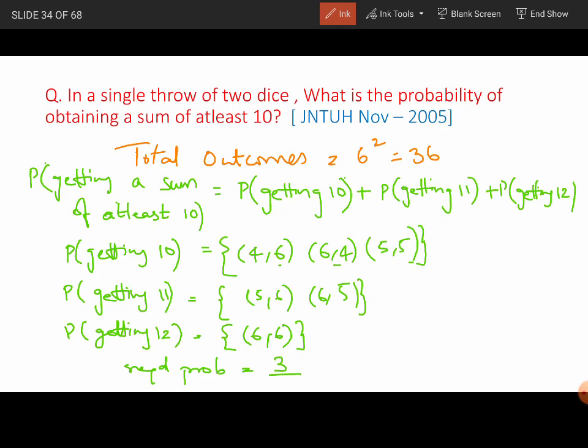So the required probability is equal to 3 by 36 plus the probability of getting 11, 2 favorable outcomes, so 2 by 36, plus the probability of getting 12, so 1 by 36. Altogether that is 6 by 36, which is equal to 1 by 6. That is the answer.